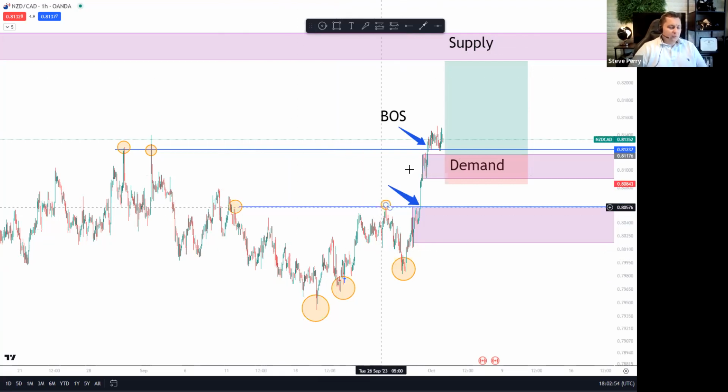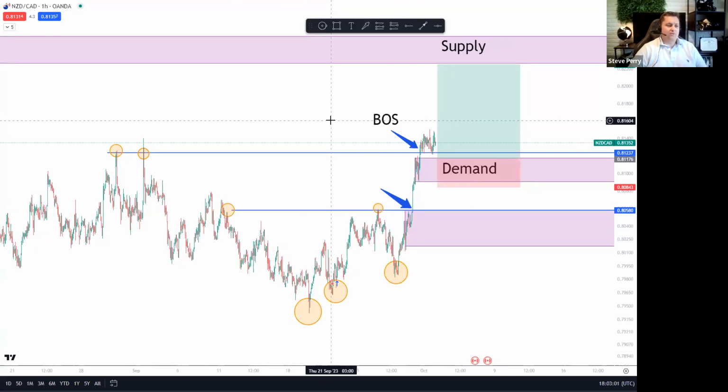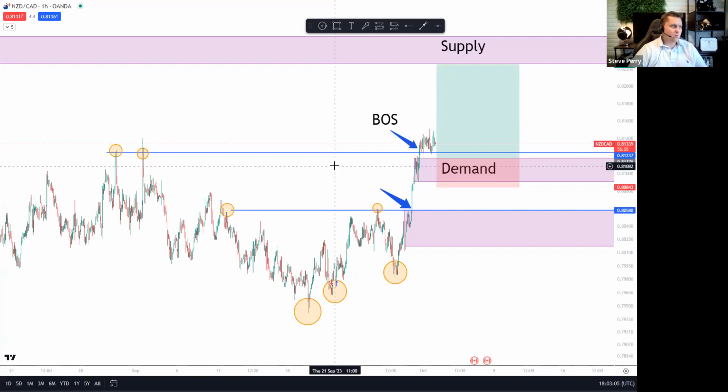And then we wait for a break in structure. After you get that break in structure, it's like, okay, great, now I want to buy. But now what do you have to do? The next thing you have to do is figure out where you are going to take that buy position. Where are you actually going to get into this trade and try to make some money with it? That's the big question.